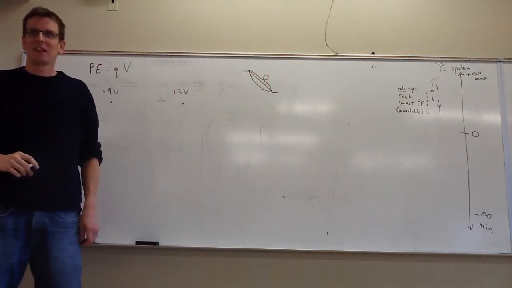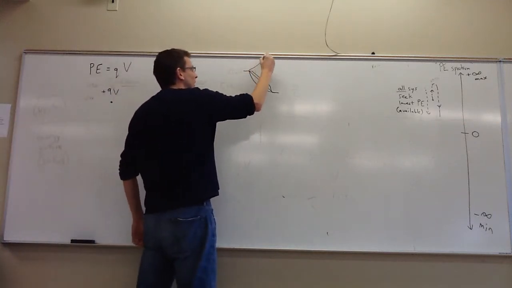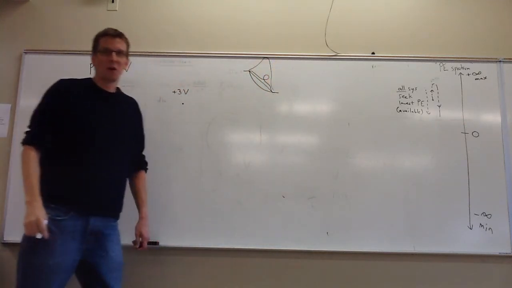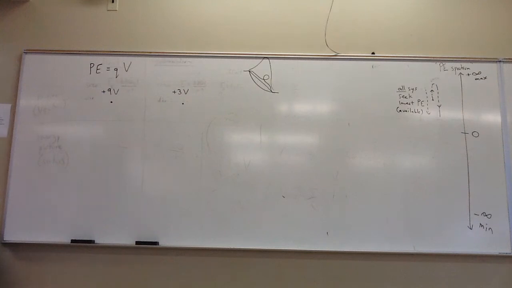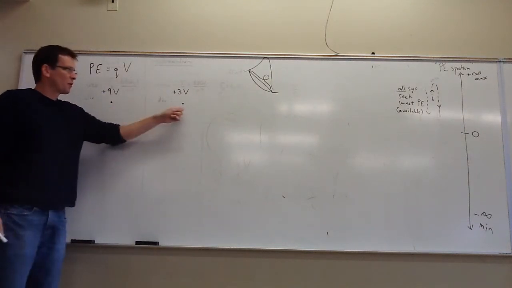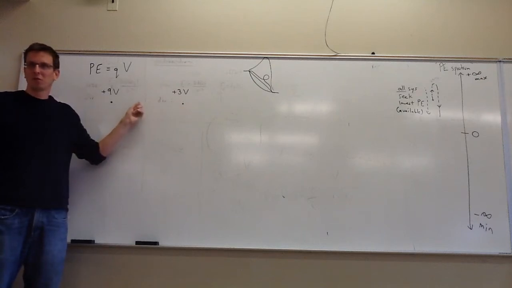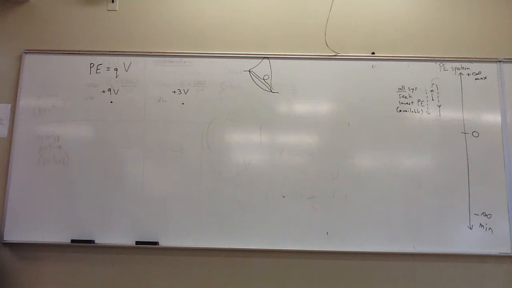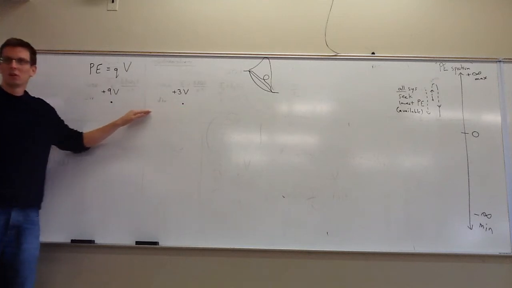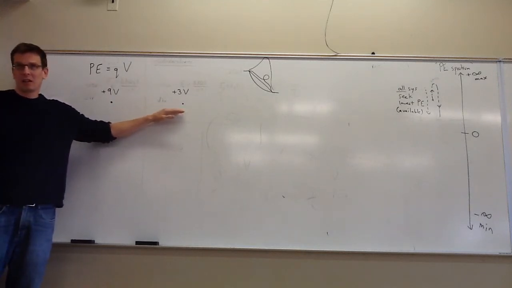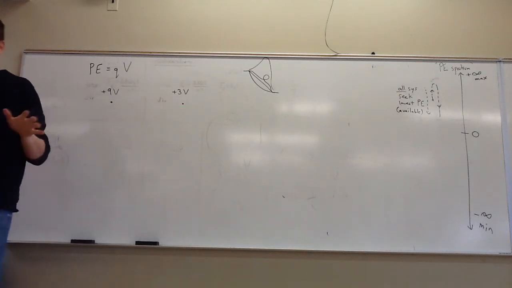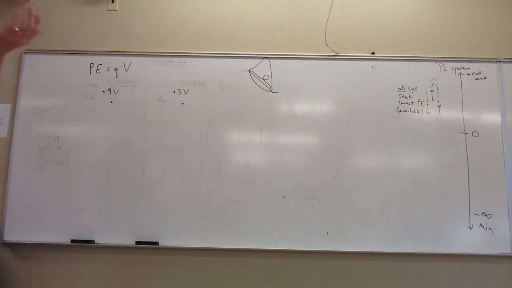But let's not say we have something like this, because we don't know if we can get over that hump, right? So let's assume that we have 9 volts over here, 3 volts over here, but not 1,000,000 volts in between, because that might be a hill that you can't clear. I'm assuming that you will have some kind of progression from here to here. It need not necessarily be a constant rate, because when we're moving into energy, we don't care about that.